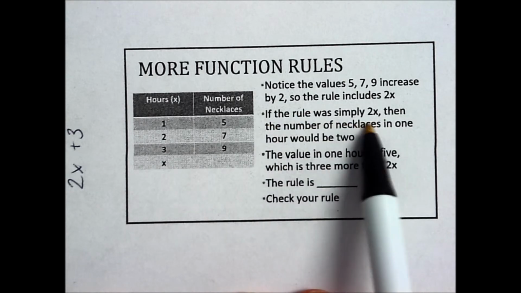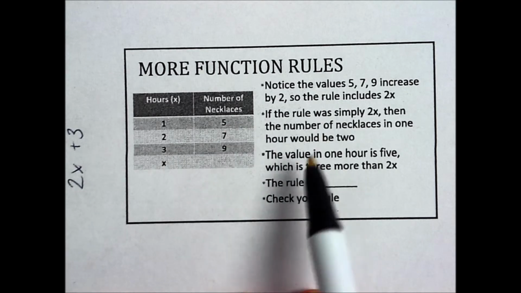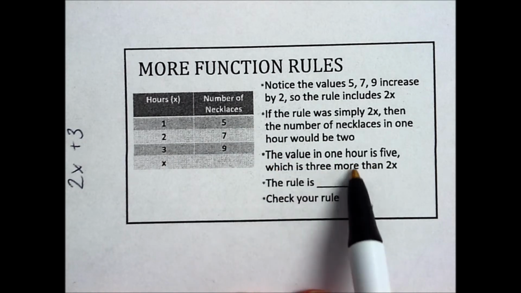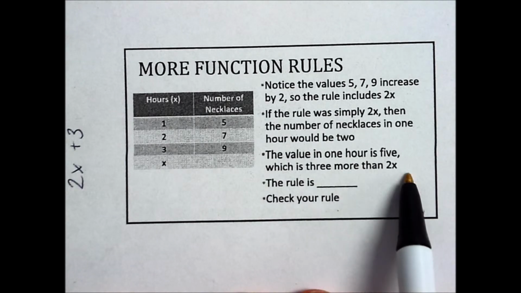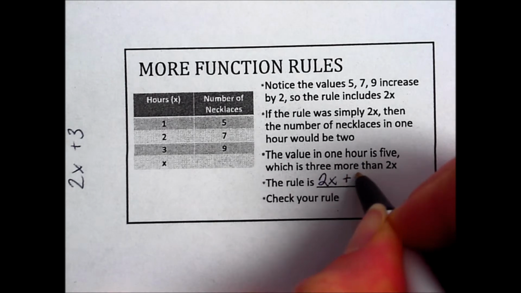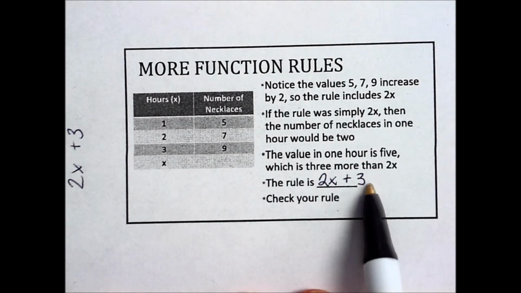If the rule was simply 2 times x, then the number of necklaces in 1 hour would be 2. So that's not how many you get. You get 5. The value of 1 hour is 5, which is 3 more than 2x. So then the rule is 2x plus 3, which is 3 more than 2x.